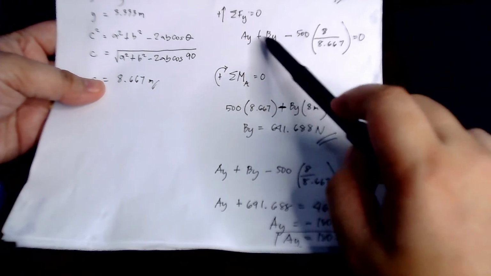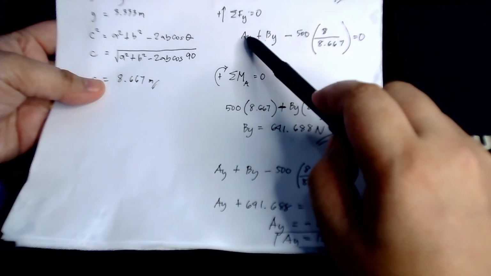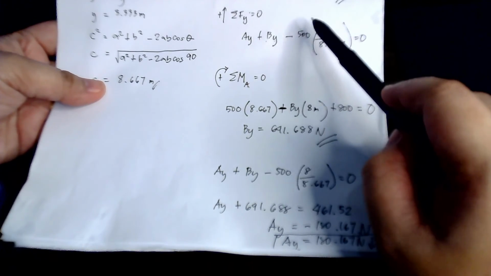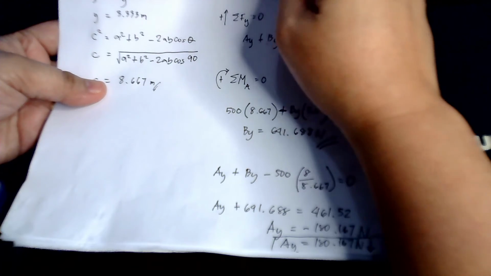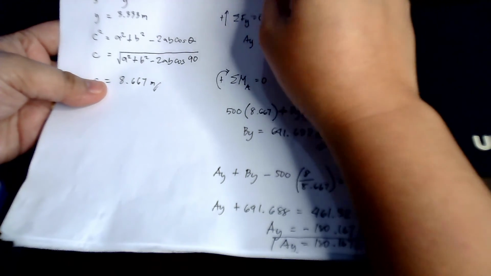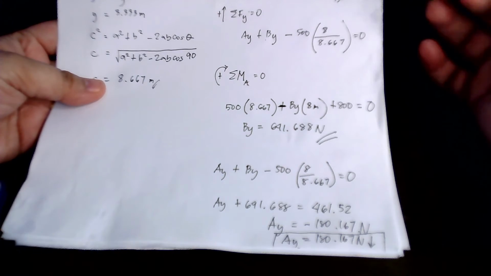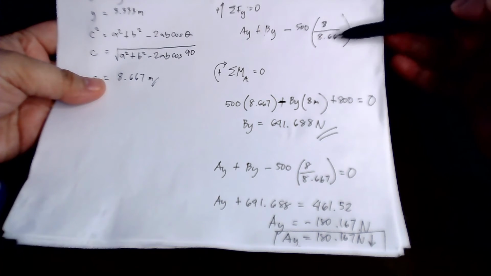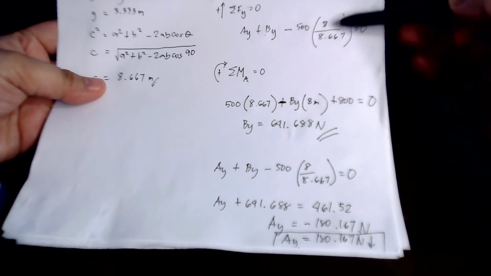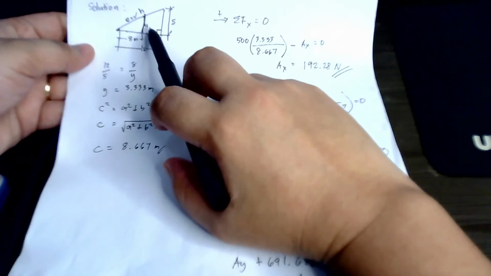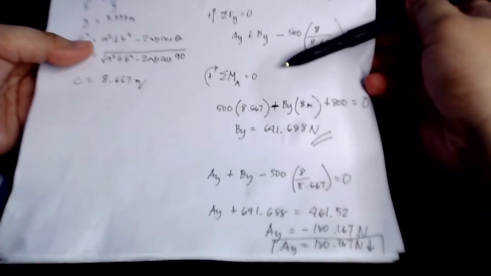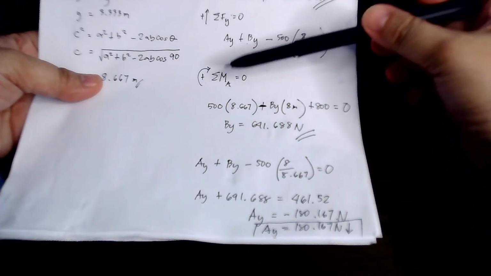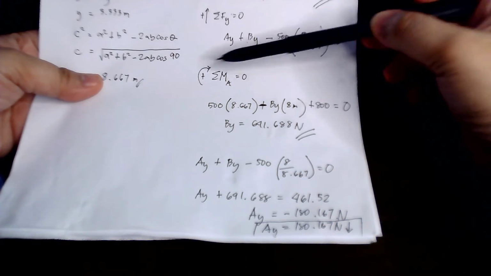Then the summation of forces along Y must be 0. Our assumption is that going up is positive, so we have positive AY, BY, minus 500 times the Y component, which is adjacent over hypotenuse, 8 over C. Since there are two unknowns, you cannot solve it, so you have to use another equation. The summation of moments at A must be 0.